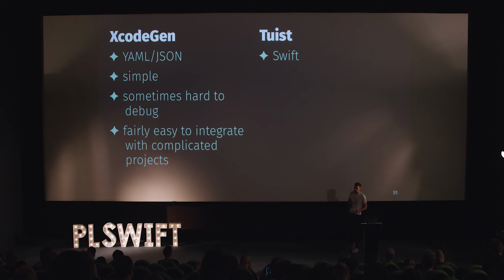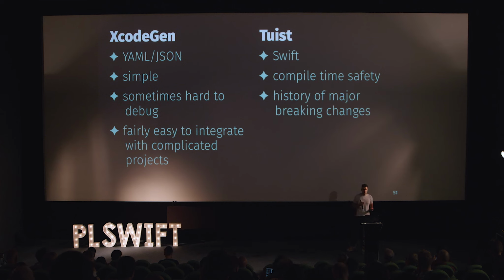And thanks to Swift, you have first of all compile time safety, but also you have access to all the constructs of the Swift language, so you can create helper functions for your targets, and you can build a pretty nice DSL for your own project with Swift.